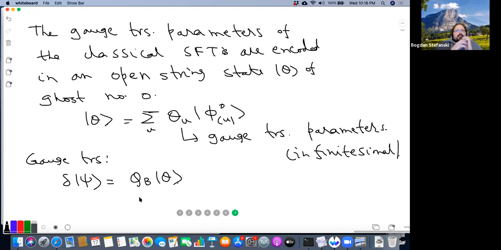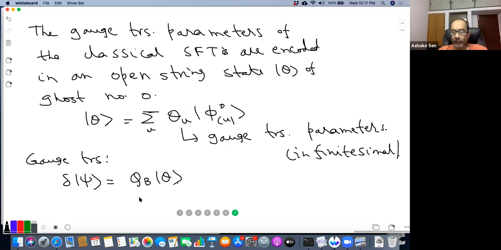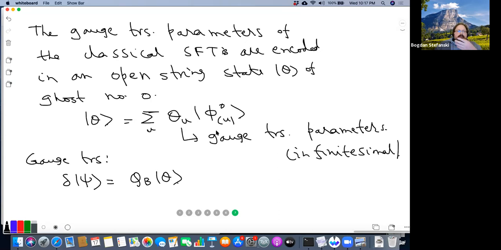Sorry, Ashok, if I had a normal D-brane, then there would also be a gauge symmetry. Is this gauge symmetry the analog of the SU(N) gauge symmetry? Yes, it is an analog. The SU(N) gauge symmetry will be part of this. An appropriate choice of theta will generate the SU(N) gauge transformations. For a single D-brane it's a U(1), and this theta includes the U(1) gauge transformation. So this is not to do with diffeomorphism invariance?